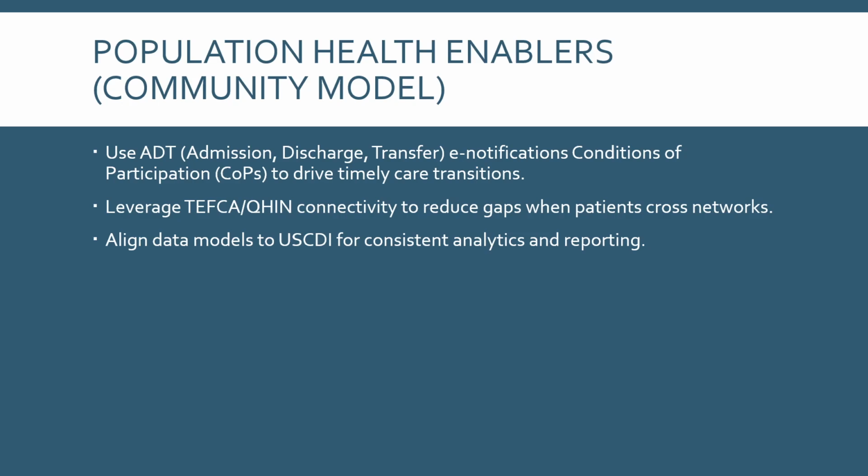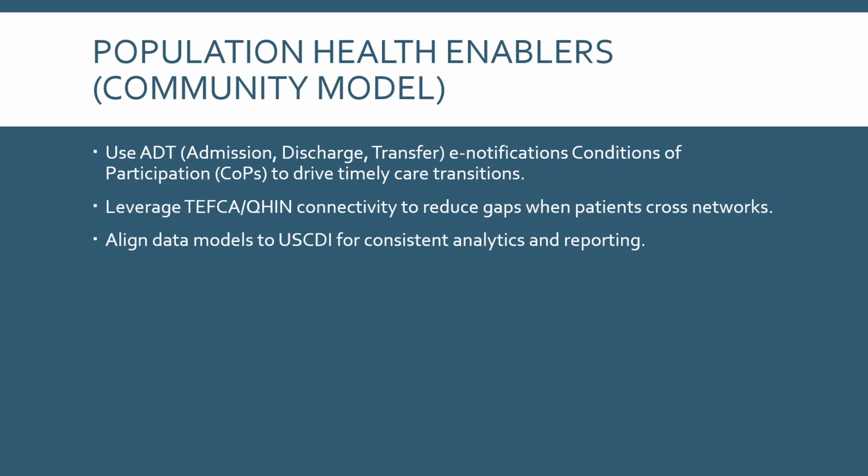Okay, if we think about those population health enablers from the community model, then definitely the use of ADTs, the admission, discharge, transfer, and the e-notification, the conditions of participation, are going to help us drive timely care transitions and move that data from different actors, and try to remove that barrier of competing actors not sharing the data and repeating things that we didn't need to repeat, making the data flow.